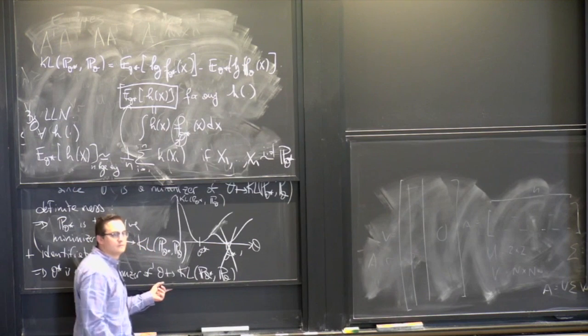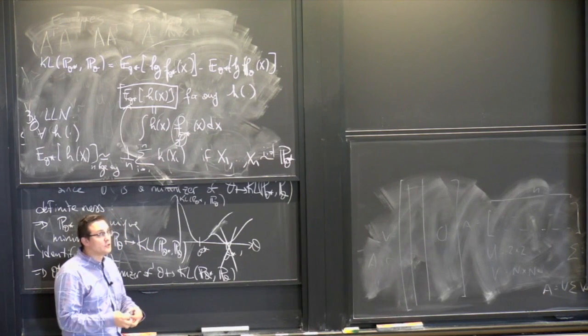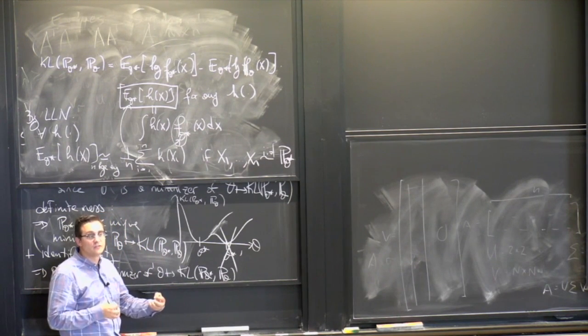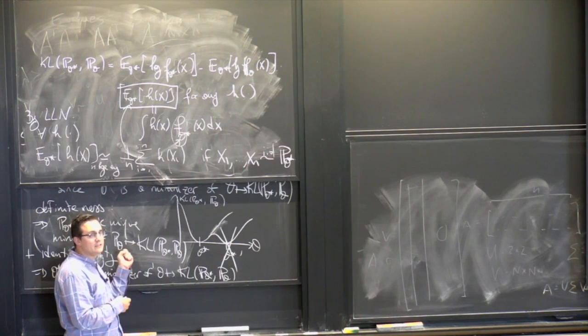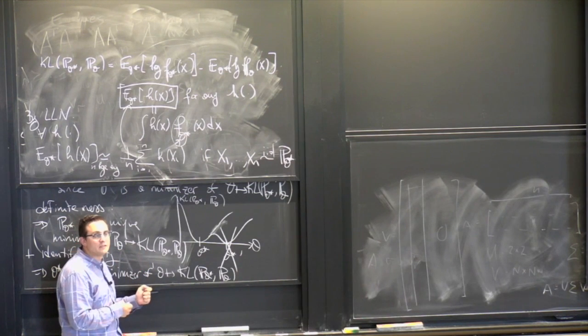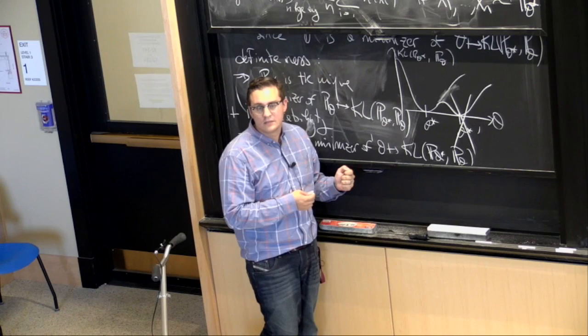OK? So I'm basically doing the composition of two injective functions. The first one is the one that maps, say, theta to P theta. And the second one is the one that maps P theta to the set of minimizers. OK?